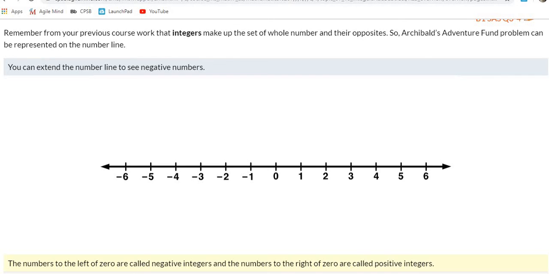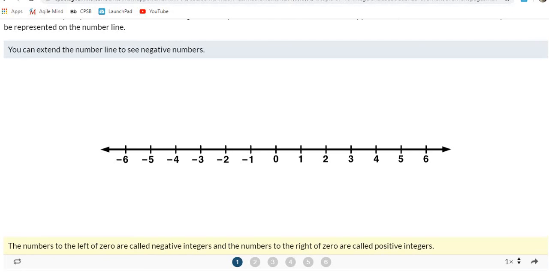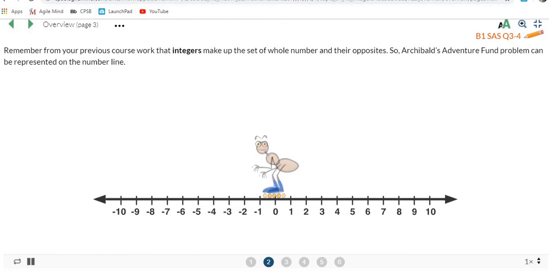These are negative integers, and to the right of 0 would be positive integers, and 0 is just 0. He's the lonely guy. He's there because he's got to be there. Okay?